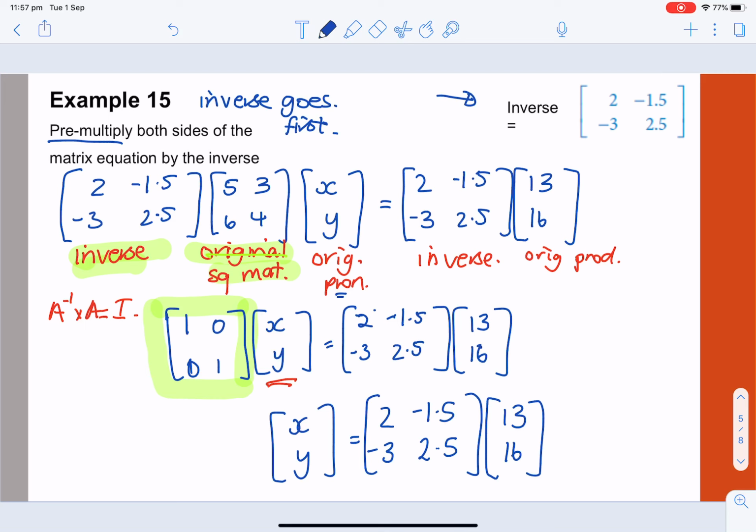All right, so we have gotten our unknowns on one side, and we've gotten all of our knowns, or our coefficient matrices, on the other side. So now we just need to solve for this.